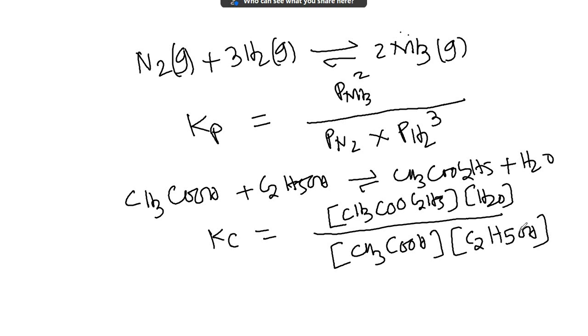Okay. Now, suppose a particular reaction, if it is in gaseous state, it will be Kp, when the reactant and product are expressed by partial pressure. When it is in liquid state, it will be Kc, when reactant and product are expressed by concentration. Then what is the relation between Kp and Kc for a particular reaction?